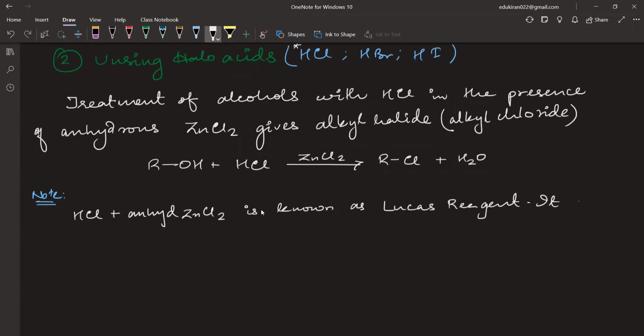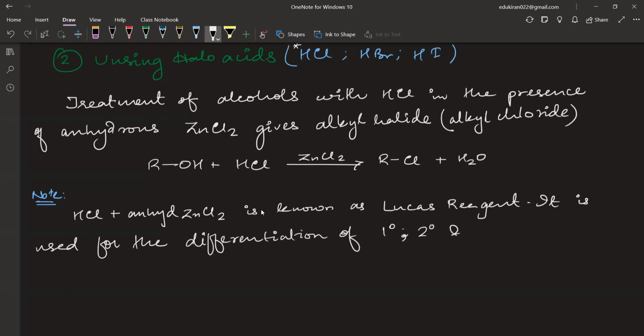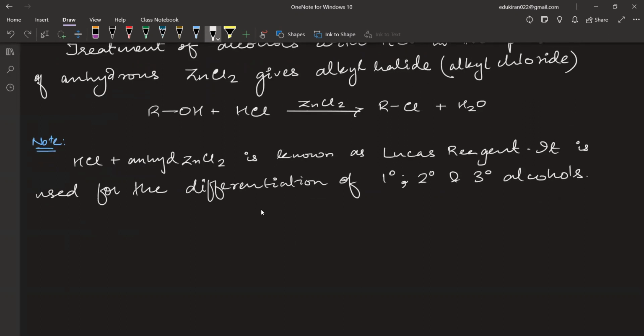It is used for the differentiation of 1 degree, 2 degree, and 3 degree alcohols. When we want to distinguish between primary, secondary, and tertiary alcohols, then we use this Lucas reagent.